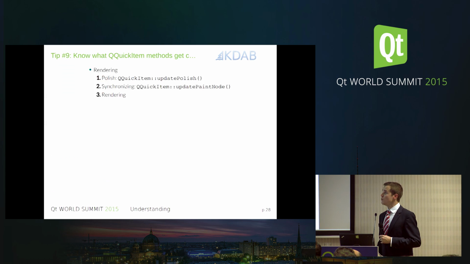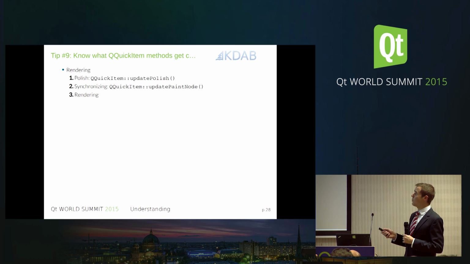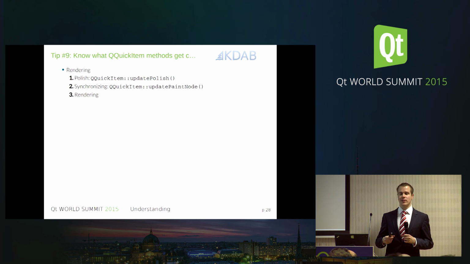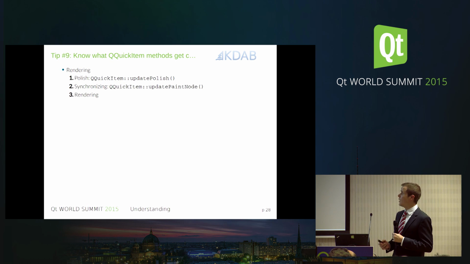That's during creation. During rendering, we have basically two methods getting called. One is update polish, which the QtQuick renderer calls on your item, so the item can present itself and make itself ready for presentation. Then it calls update paint node to get the actual scene graph items.